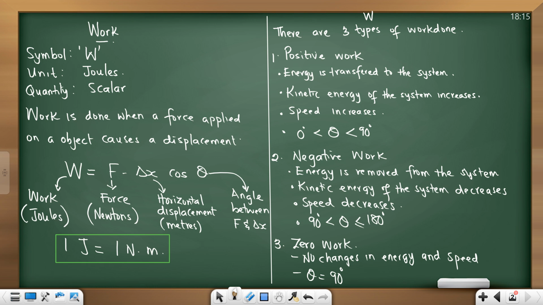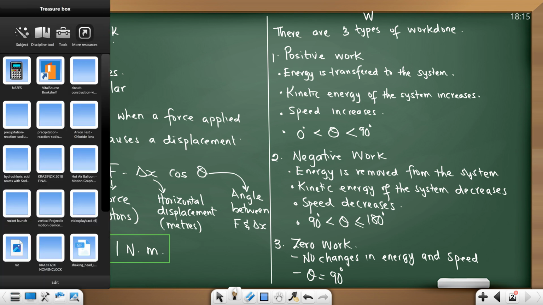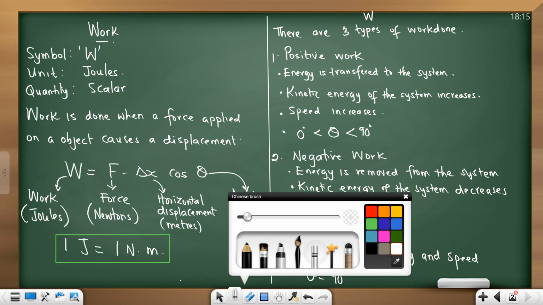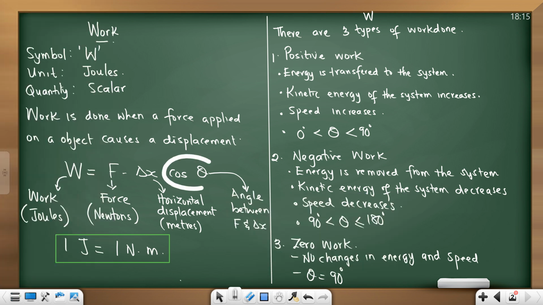Because if I check my calculator now and press cos 90, 0. So if I put that cos here, cos 90, 0 multiplied by all of this, 0.